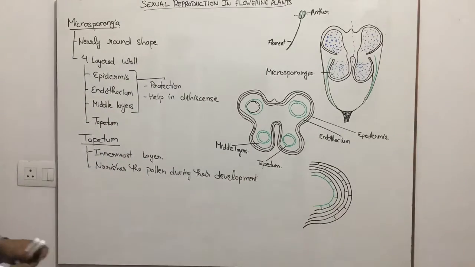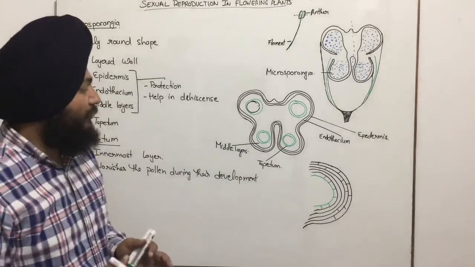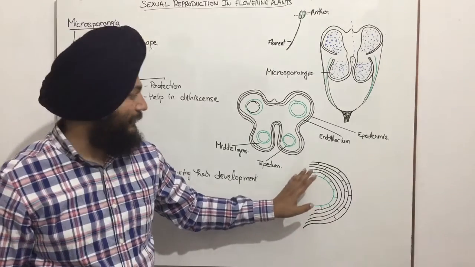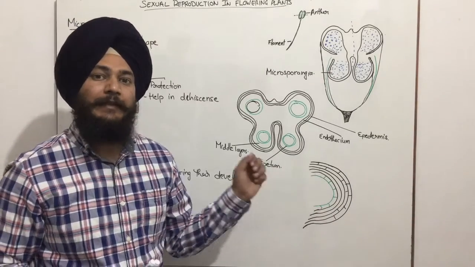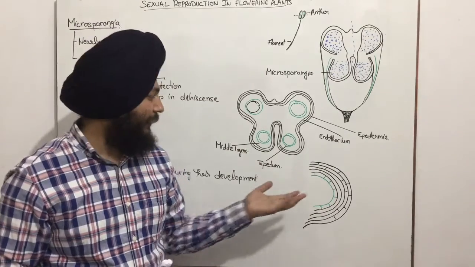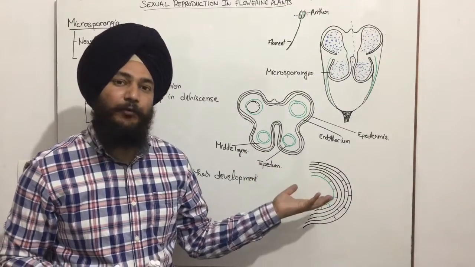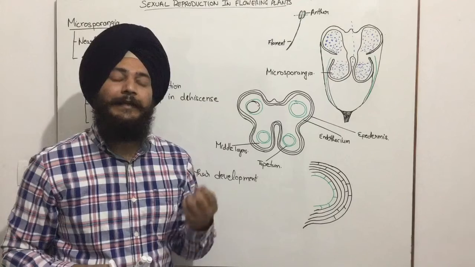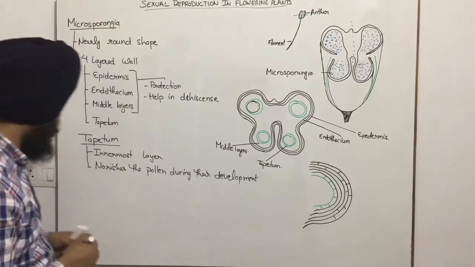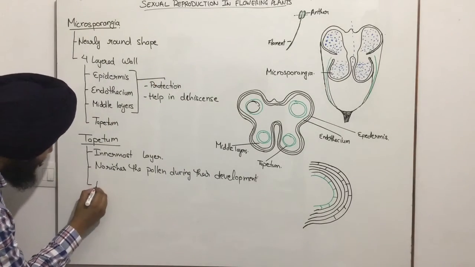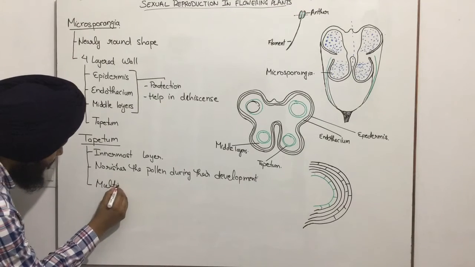Okay, and now the cells of the tapetum are not uninucleated but they are multinucleated. Each cell will have more than one nucleus. So each cell of the tapetum is multinucleated.